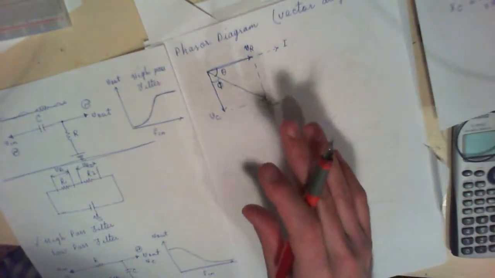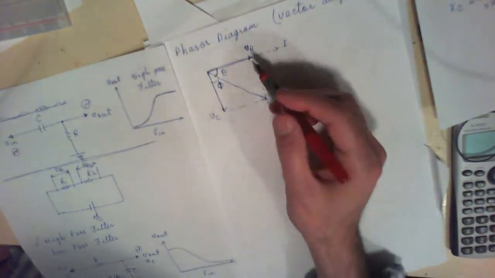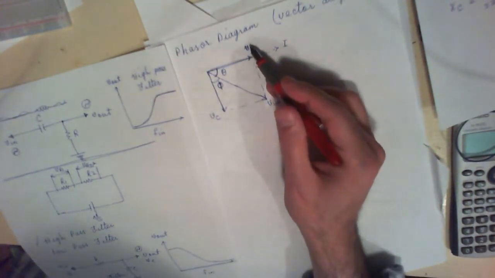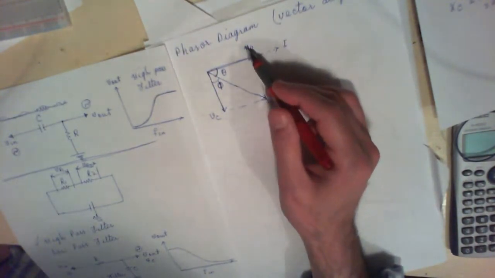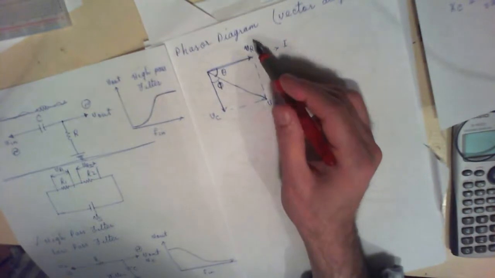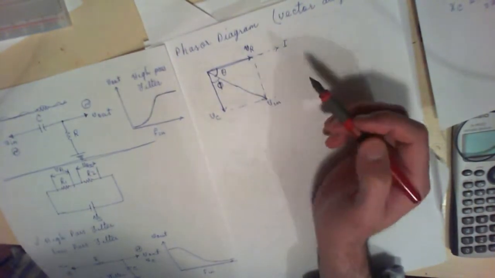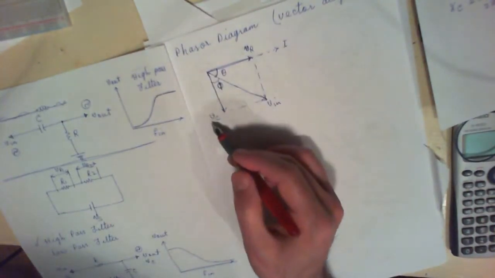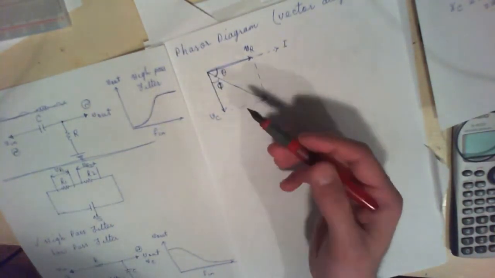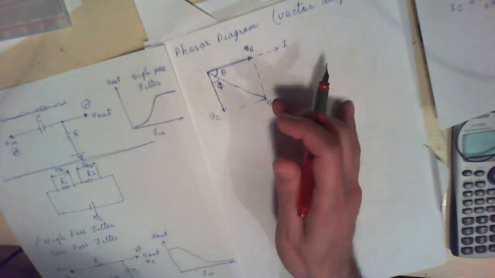So we are specifically talking about leading and lagging AC signals, meaning that compared to V of N, V of R is leading, and compared to V of R, V of N is lagging, right? Or if you were talking about V of C and V of N, then compared to V of C, V of N would be leading.